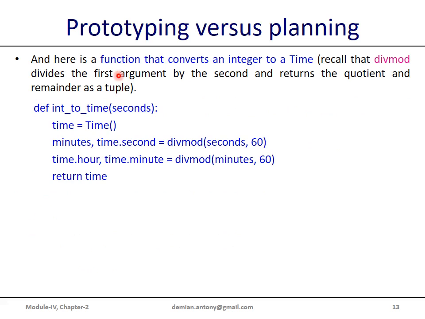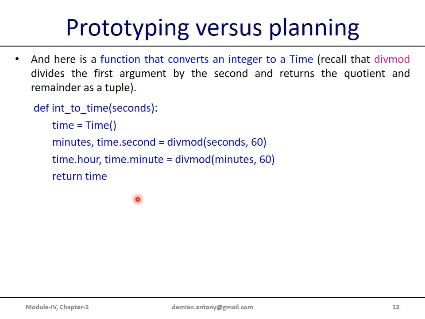Here is a function which converts the integer to a time. This function takes the argument which is an integer quantity, and also we make use of the divmod built-in function of Python, which divides the first argument by the second argument and returns the quotient and the remainder as a tuple.